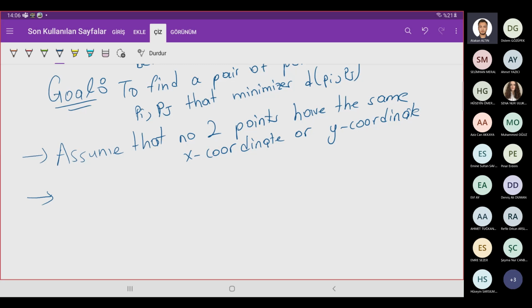Into more or less similar sizes. And size here corresponds to the number of points, the cardinality of the set. How would you divide it into 2?